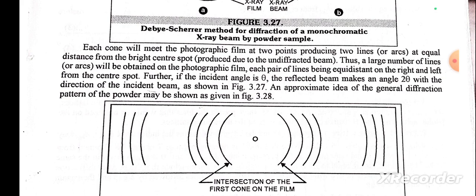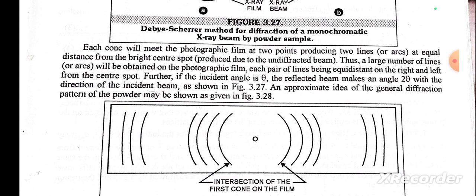Each cone meets the photographic film at two lines at equal distance from the central spot, and there are a large number of lines from the center spot. For a glancing angle theta, the diffracted beam makes an angle 2 theta with the incident beam, as shown in figure 3.27.